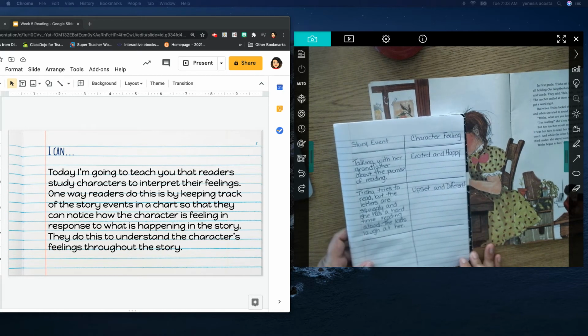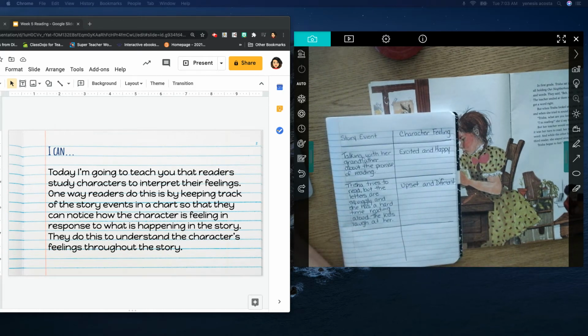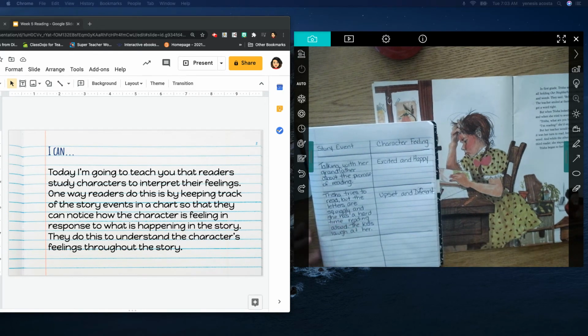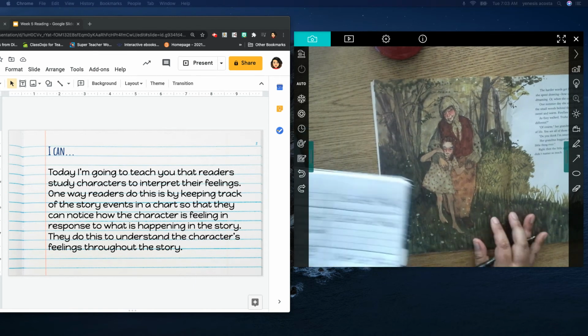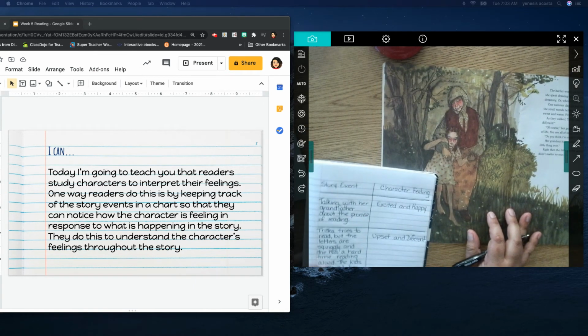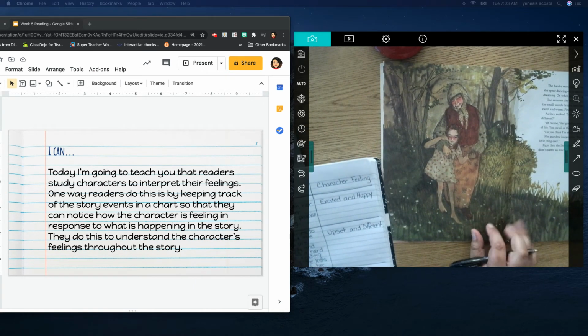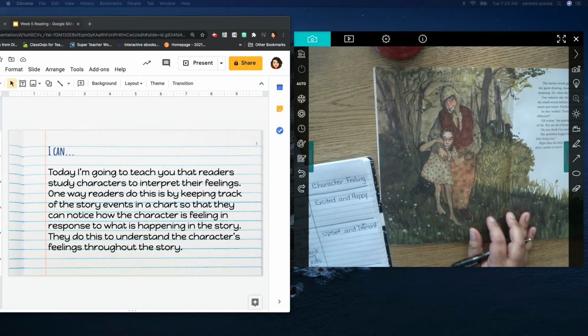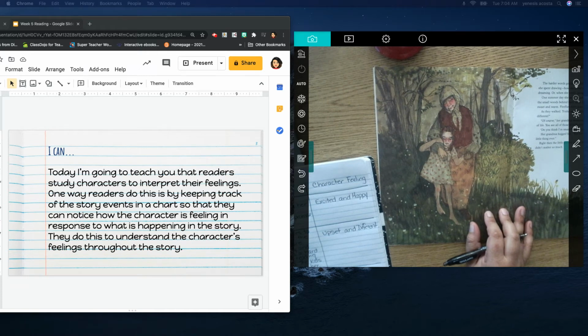Let's look at another event in the story. So I noticed that she was walking with her grandma during this time, right?